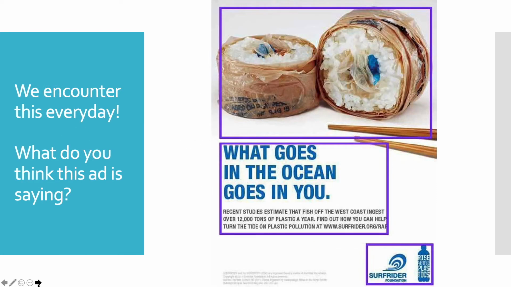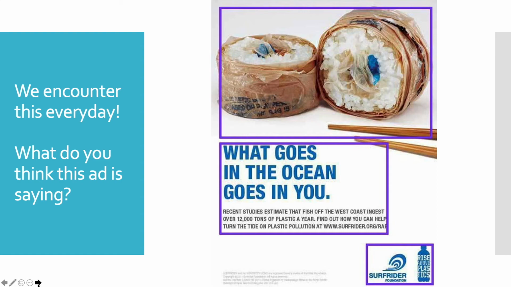Let's go back to our image. So what is it about this image that would appeal to our emotions? Well, we could say that looking at sushi that is represented through the use of plastic bags might give us some kind of emotion of either ew or just sad.